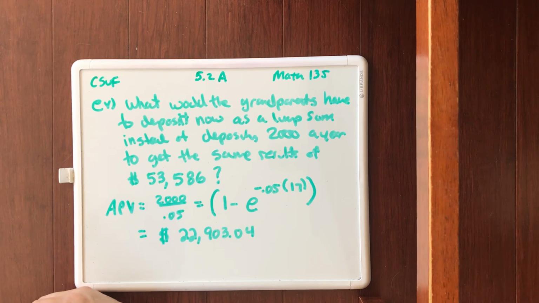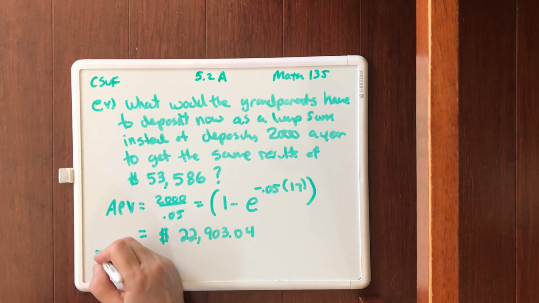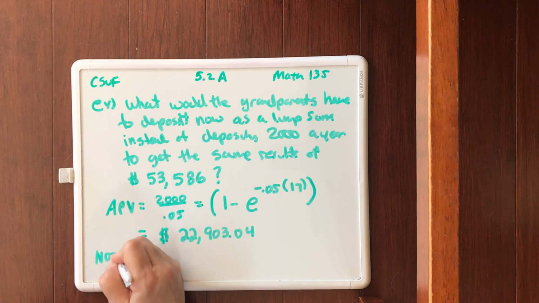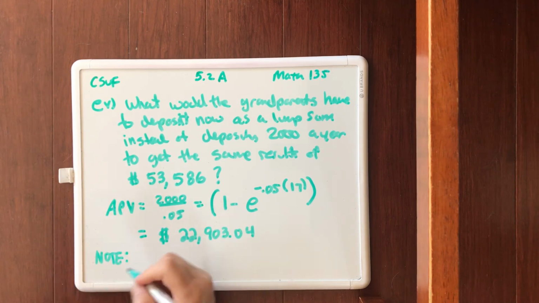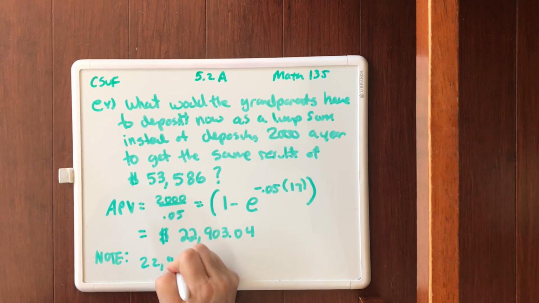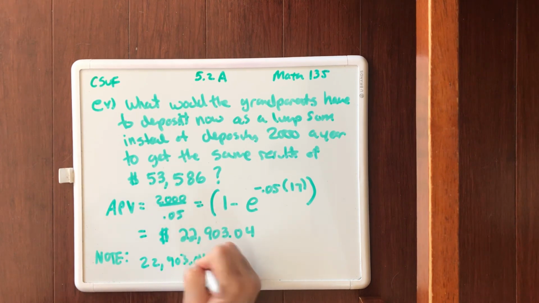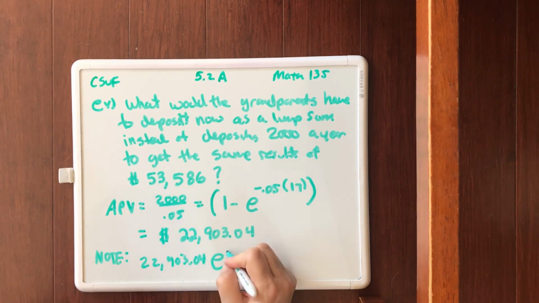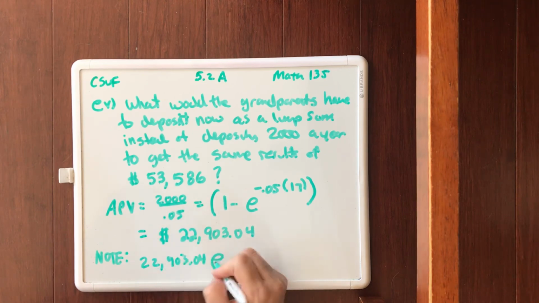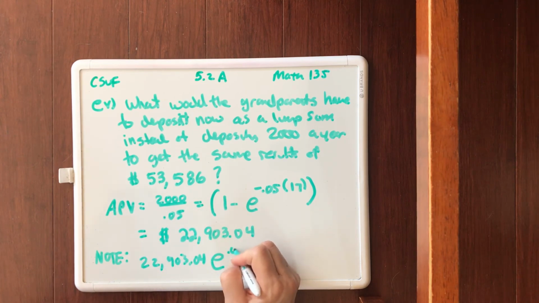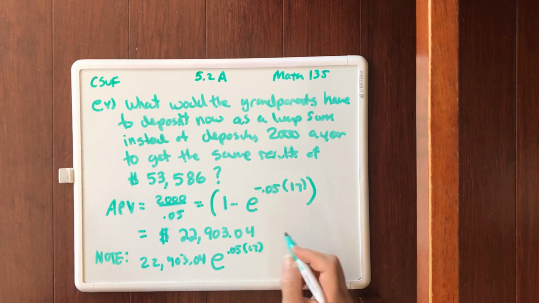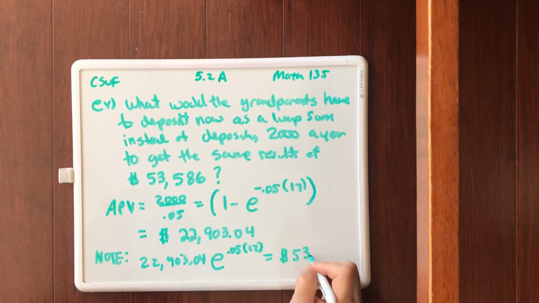Now note, if you wanted to check this out, this is something interesting to see. If we take this amount, 22,903.04 times e, which is this formula we are really familiar with, 0.05 to the 17, we will get 53,586.